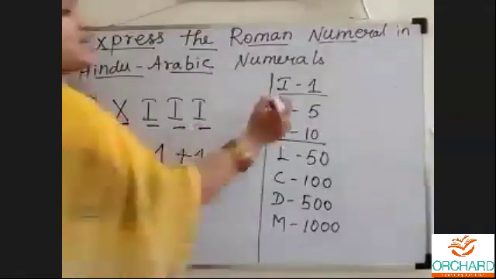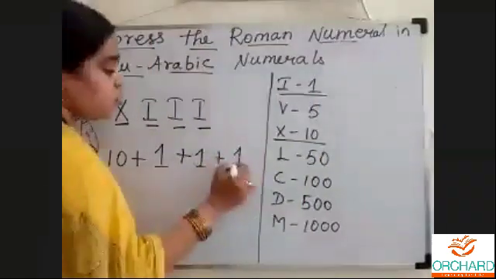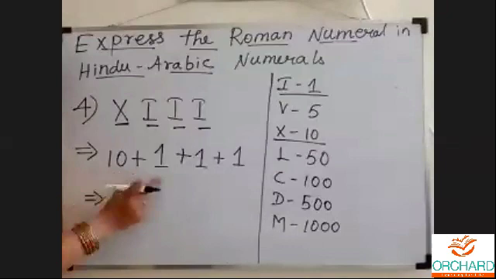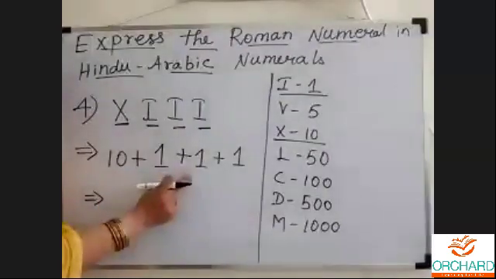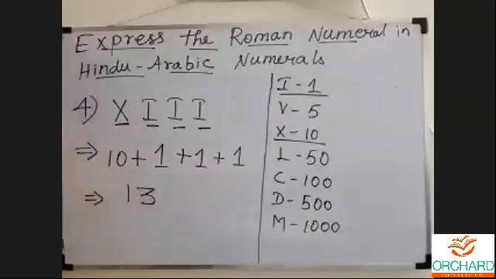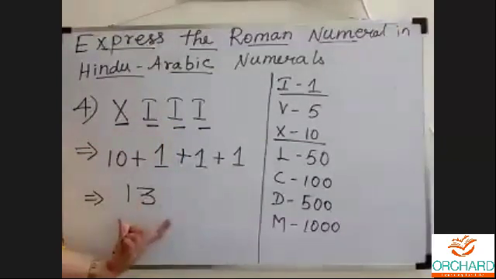So I stands for 1. When we add all the values, what do we get? 10 plus 1 is 11, 11 plus 1 is 12, 12 plus 1 is 13. So here XIII can be expressed as 13.